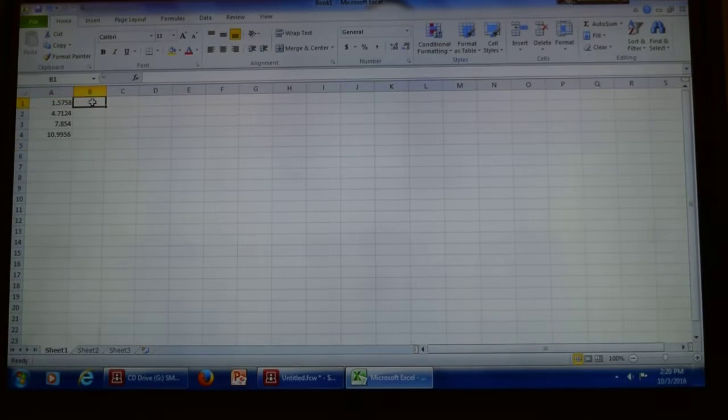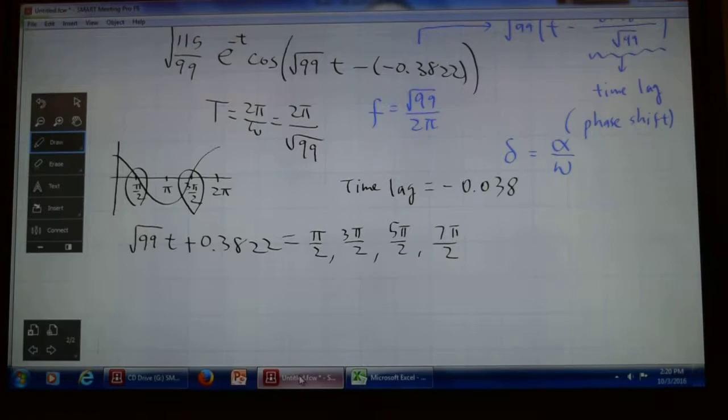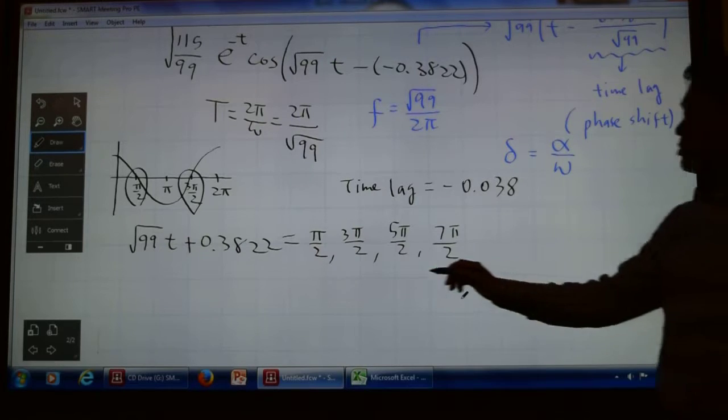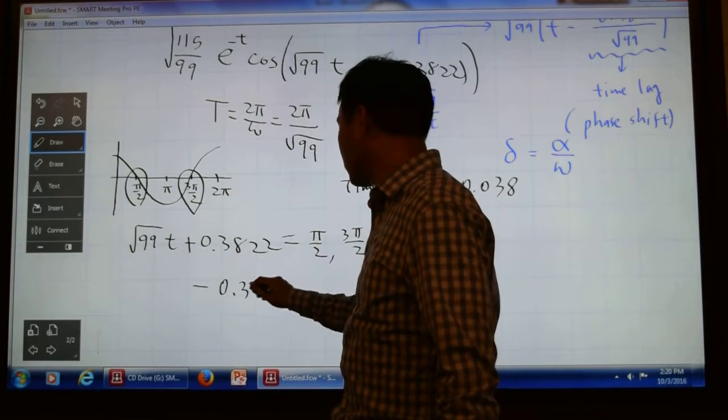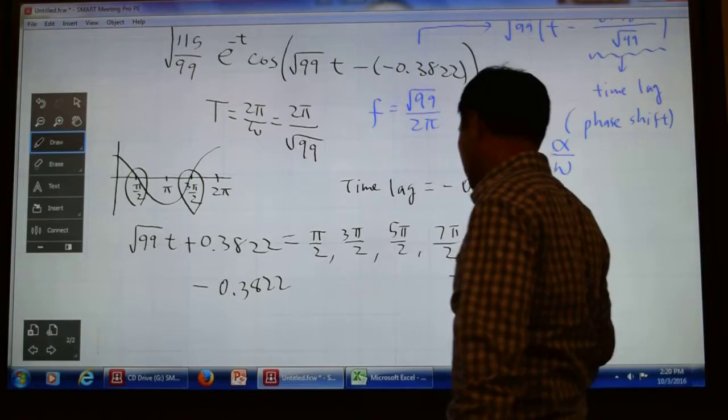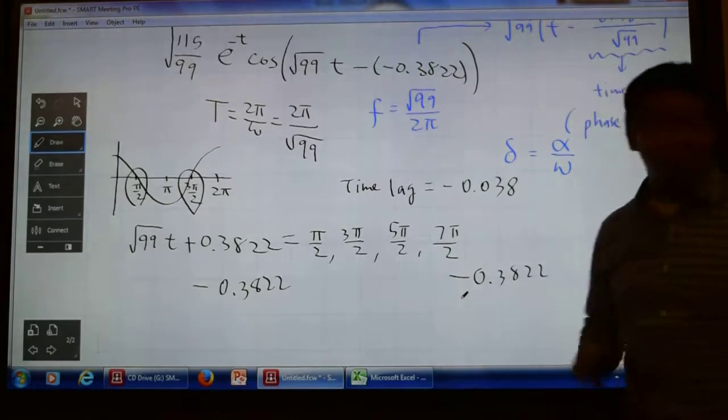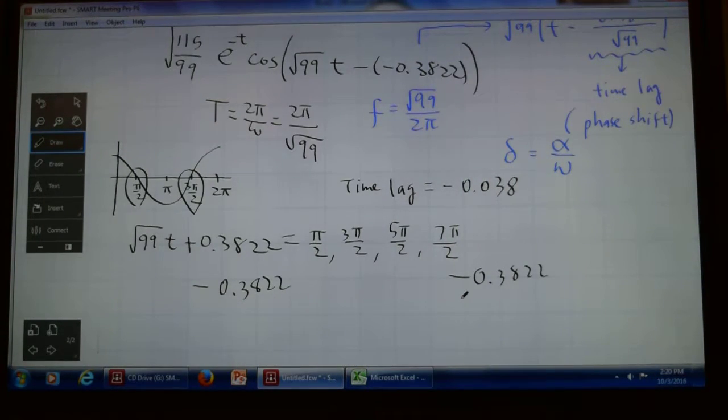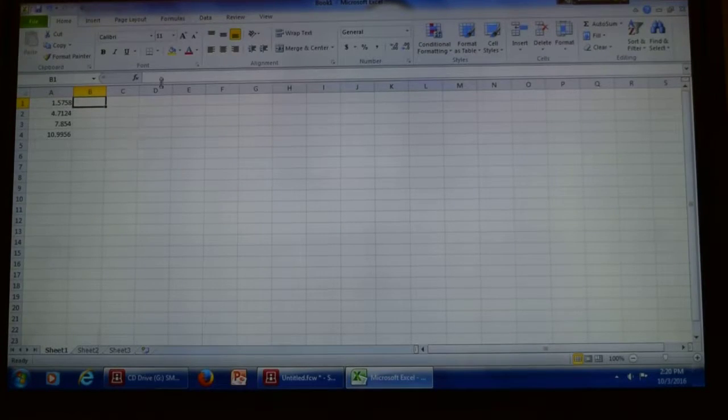Okay, and then for each one of these, I need to subtract from both sides negative 0.3822, right? So I'm going to do that. So I'll just say equals whatever this is minus 0.3822. And Excel has this nice thing where you just drag it, and it does it for you.